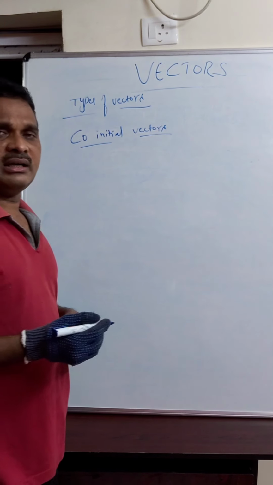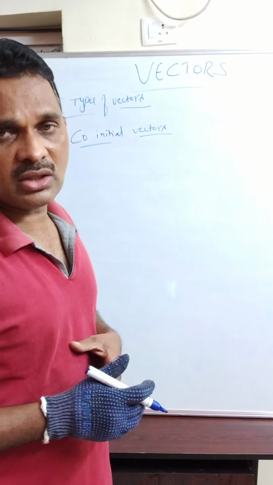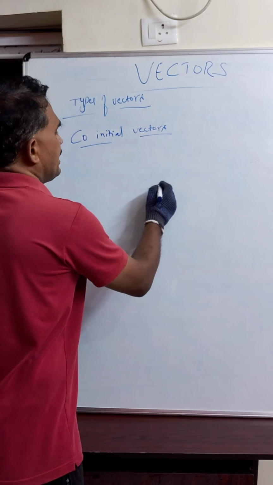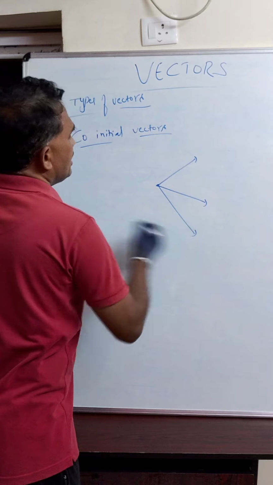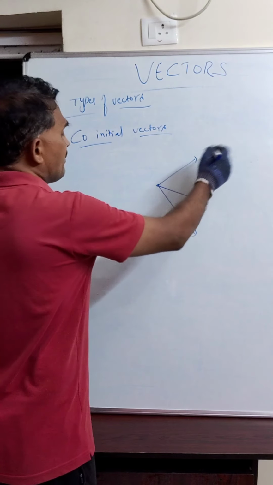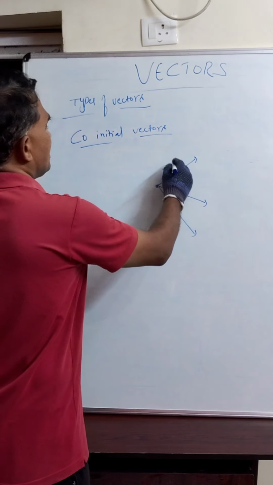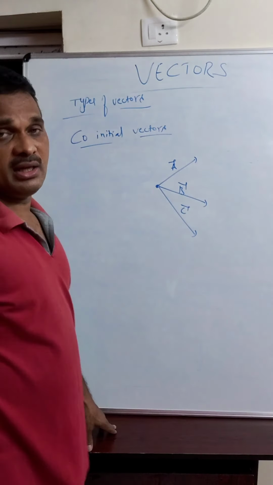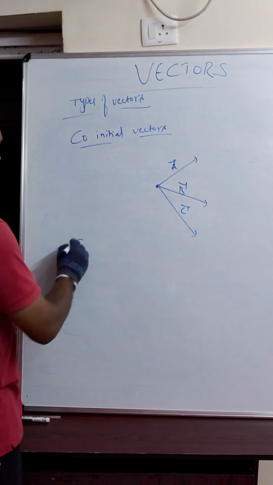If two or more vectors are starting from the same point, such kind of vectors are called co-initial vectors. Suppose this is a starting point, the vector is going in this direction, the other vector in this direction, the third vector in this direction. So they are going in different directions, but their origin point is the same. Such kind of vectors are called co-initial vectors.